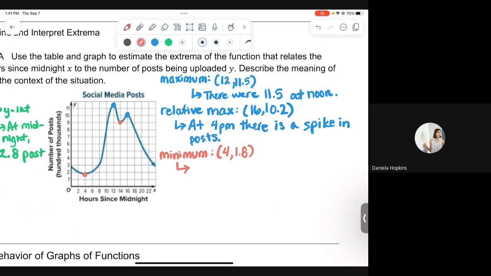But in general, even in my night owl phase, I was in bed by 3 a.m. I think. So at 4 a.m. it would make sense that we're asleep. So at 4 a.m. there are the fewest posts. And again, this makes sense to me.